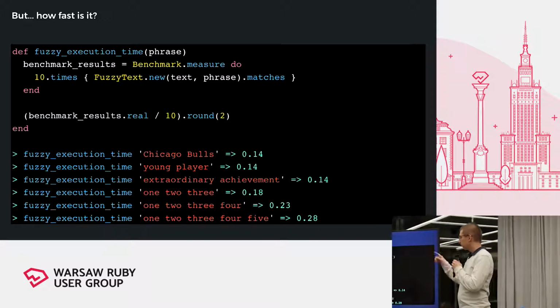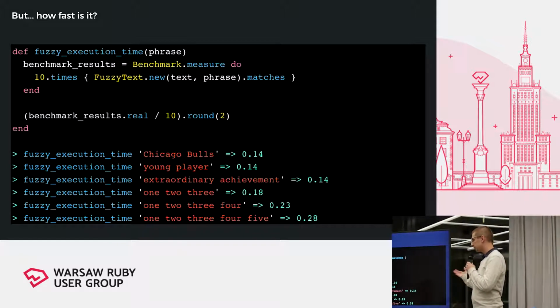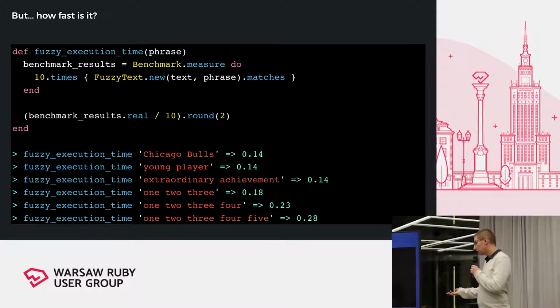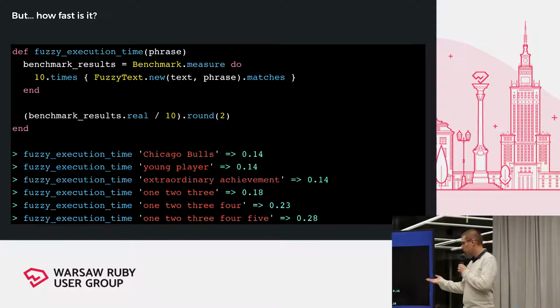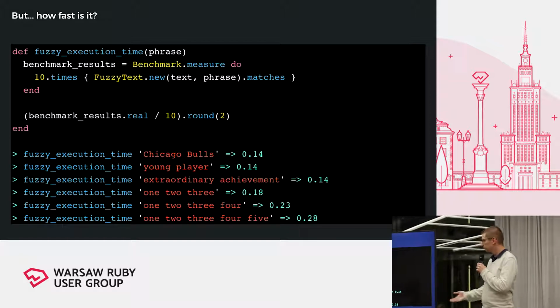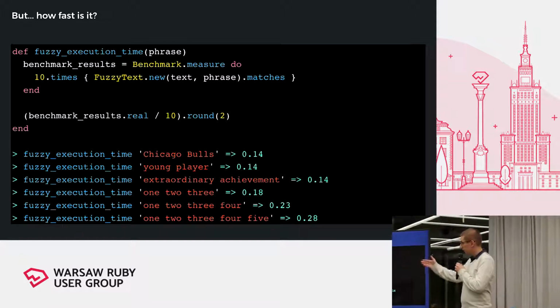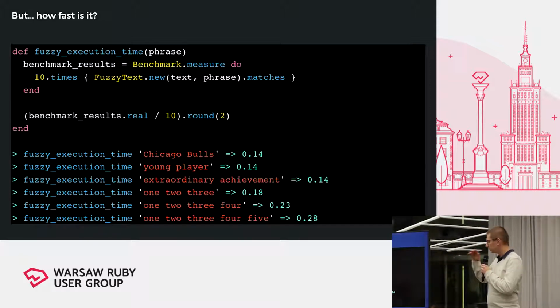Once we start to make the search phrase longer, the execution time increases, which is quite obvious because if we have more words in our search phrase, we have to break into more pieces or more combinations of pieces. So the execution time increases. However, it's still not that bad.